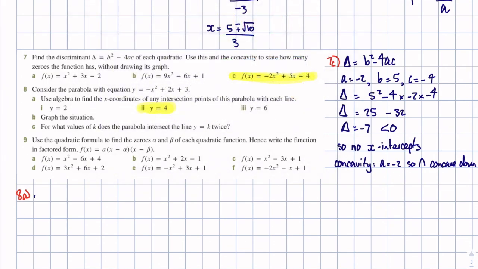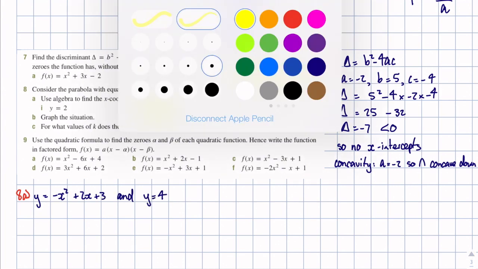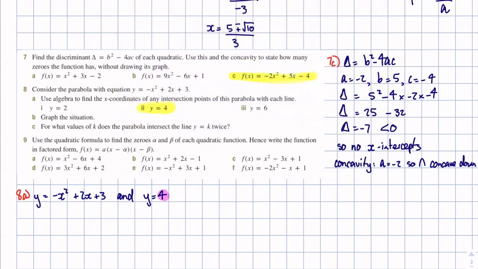So if I know y equals negative x squared plus 2x plus 3 and y equals 4, all I have to do is substitute this value for y in here. So all I'm going to say is 4 equals negative x squared plus 2x plus 3.